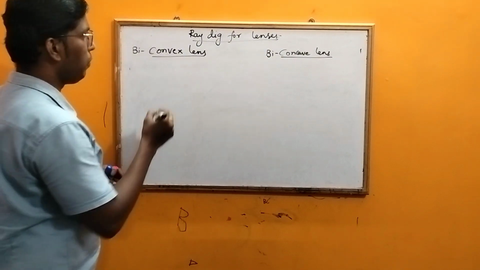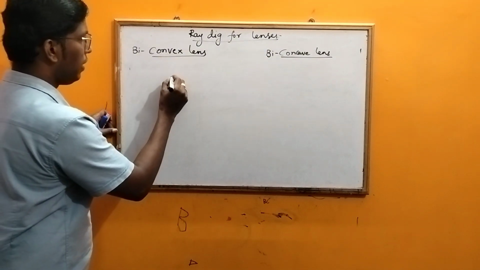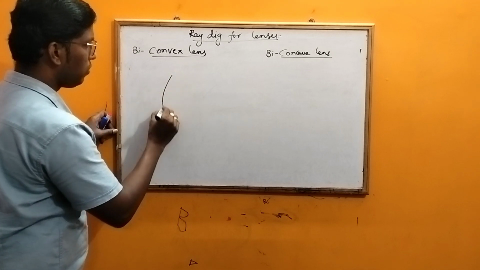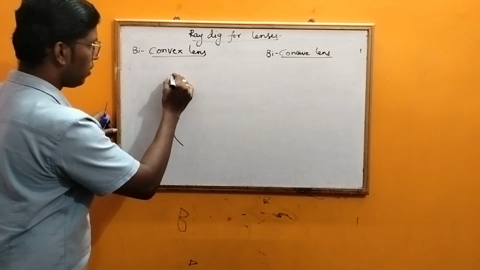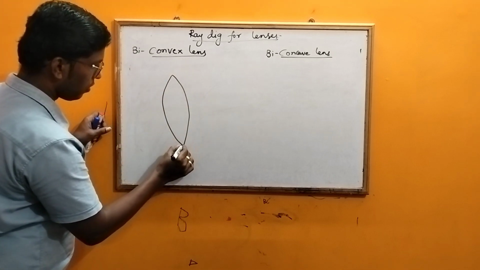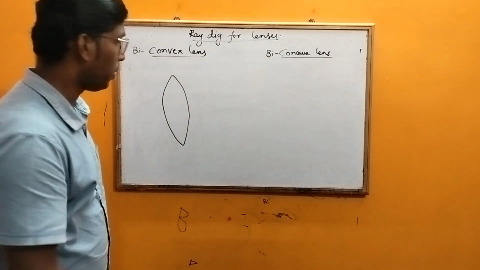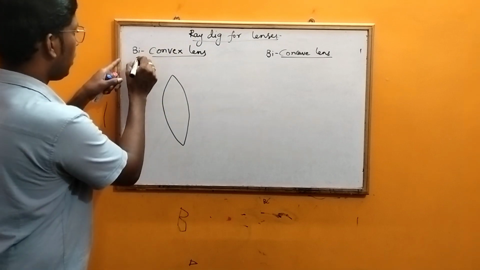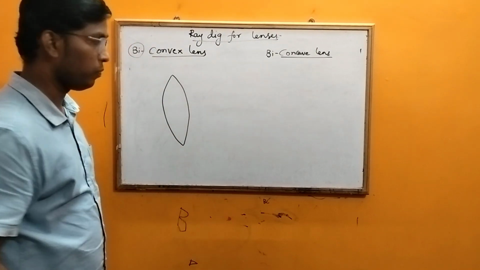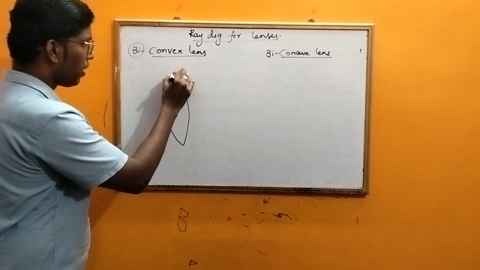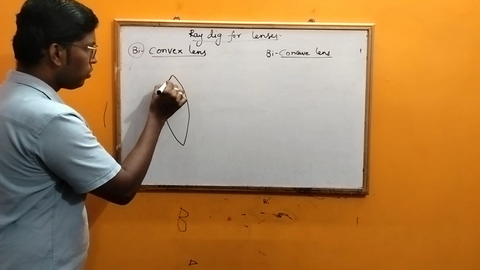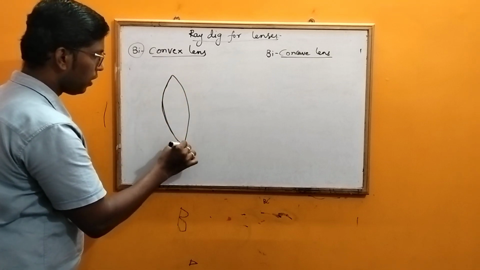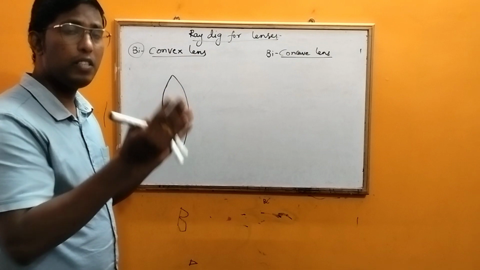I'll draw the diagram of a biconvex lens. A biconvex lens looks like this shape. This is called biconvex. Why are we calling it bi? Bi means two. If you observe carefully, the two sides, this side and the other side, are bulged outside.